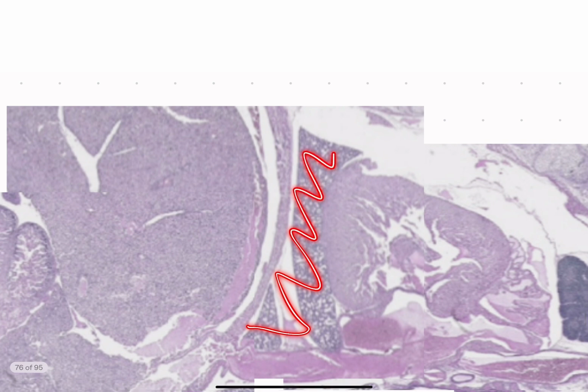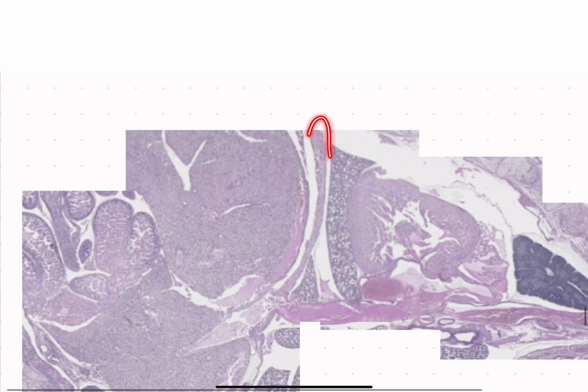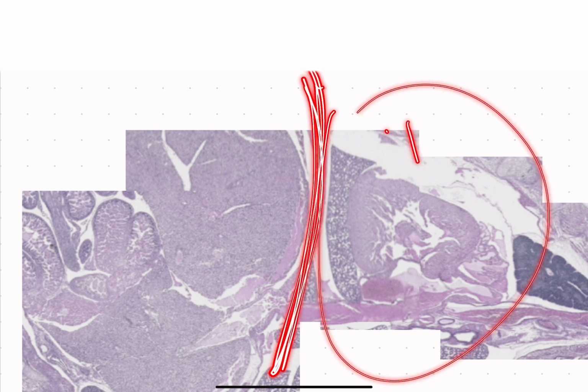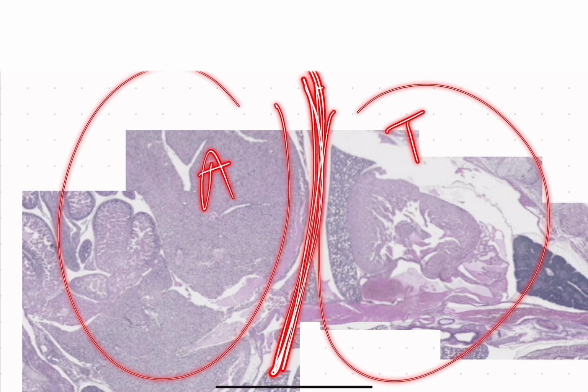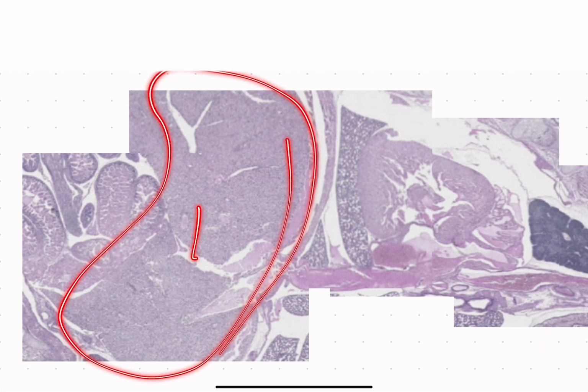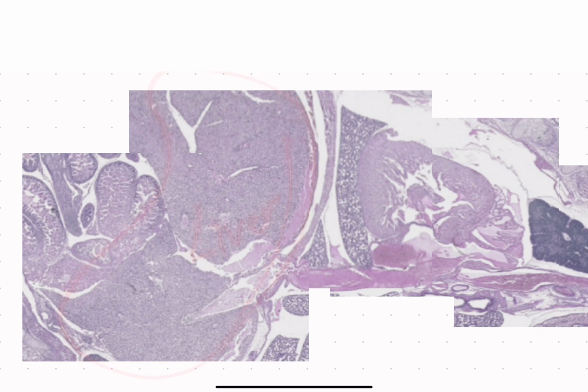Then here we have a part of the lung in pseudoglandular stage. This is the diaphragm because it's a muscle tissue that sort of acts as a wall between the thorax and the abdomen. Then this large structure here, I hope is easily recognizable as the liver.